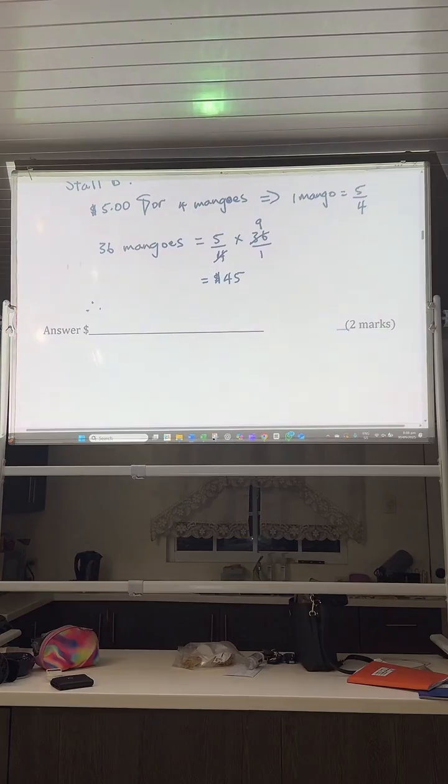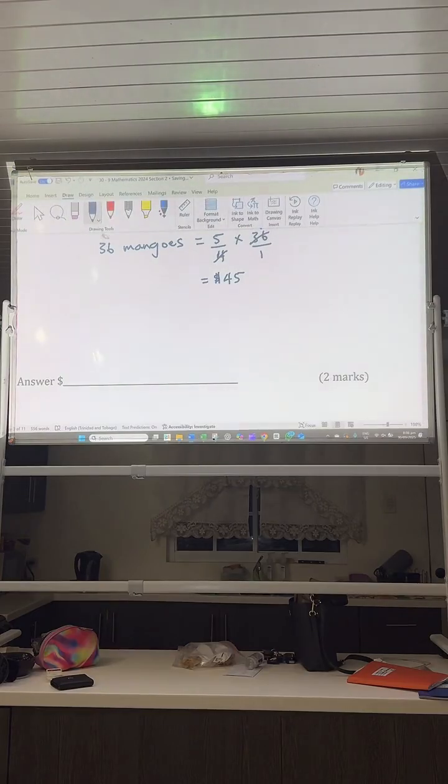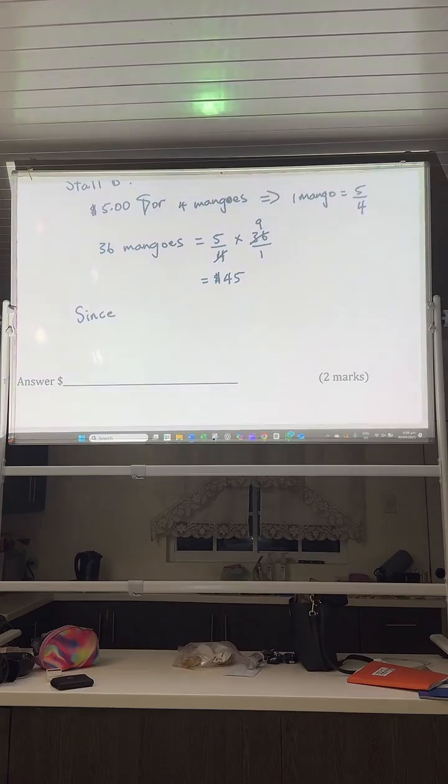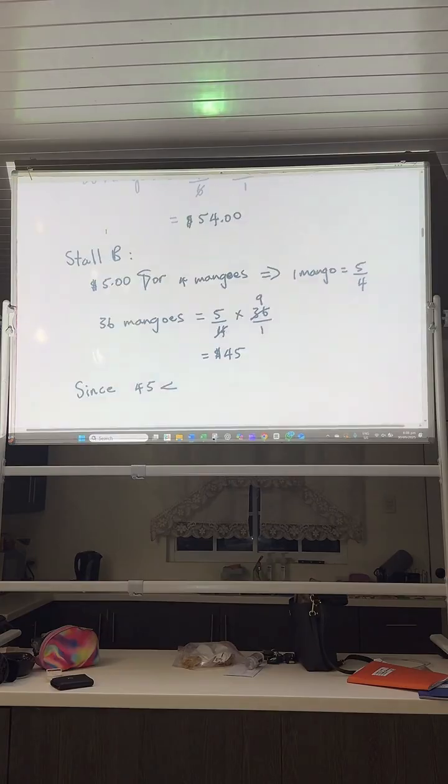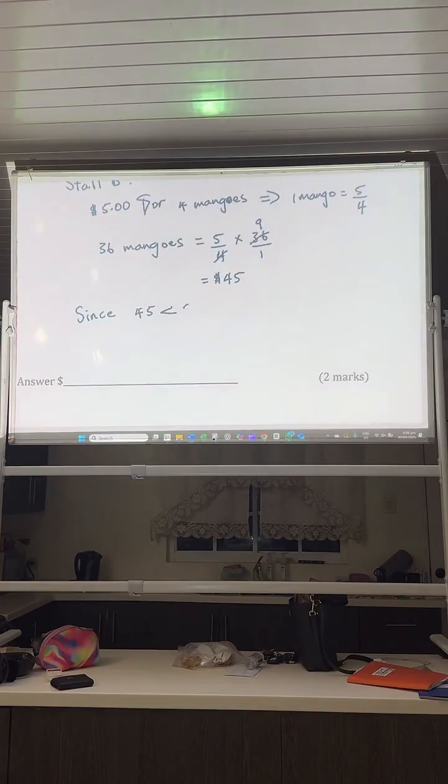So let's put a statement. I won't put therefore, I'll put since 45 is less than 54, stall B has the cheaper price.